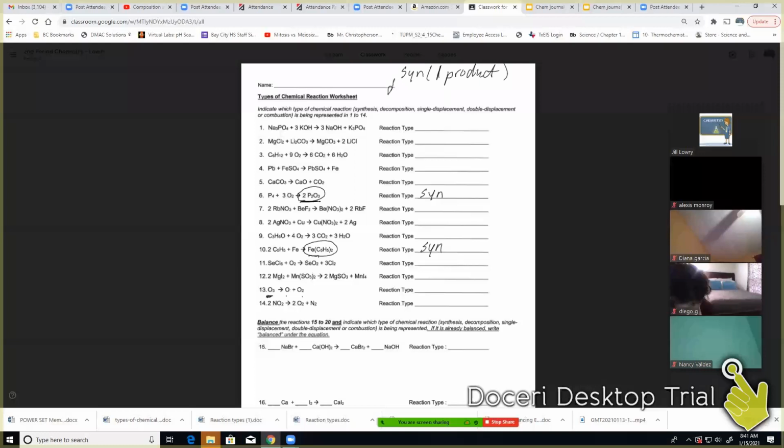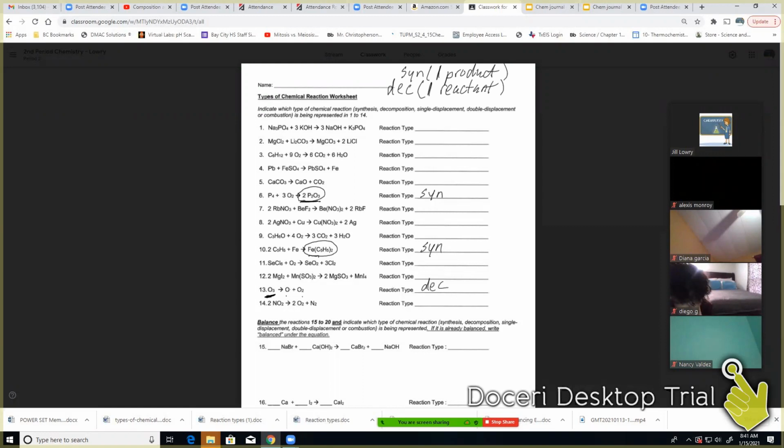Now, Jesus recognized our second one. It's called a decomp. You can just put a DEC to shorten it. And this is the opposite. So instead of having one thing at the end, we're going to have only one reactant. So like number 13, like Jesus pointed out, we start with just O3. So we start with only one reactant.